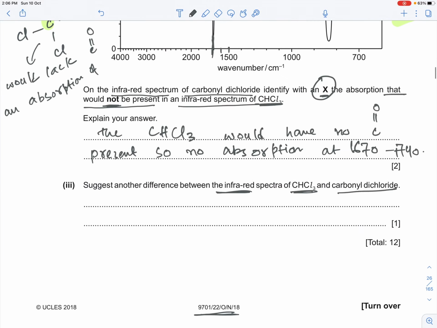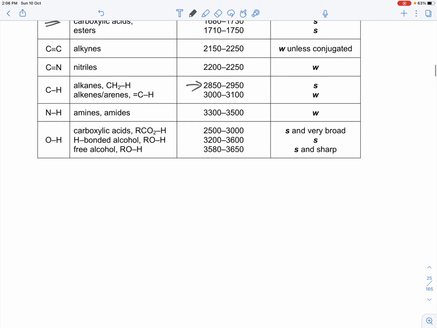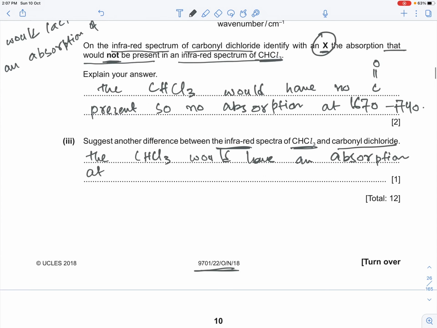So we can say that CHCl3 would have an absorption at 2850 to 2950, and COCl2 lacks it.